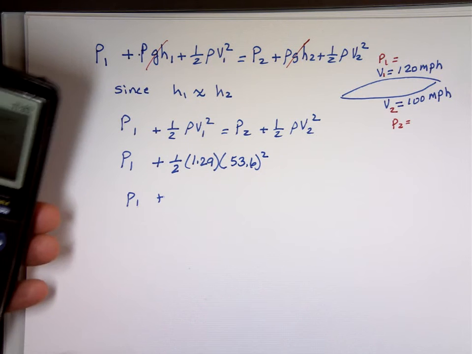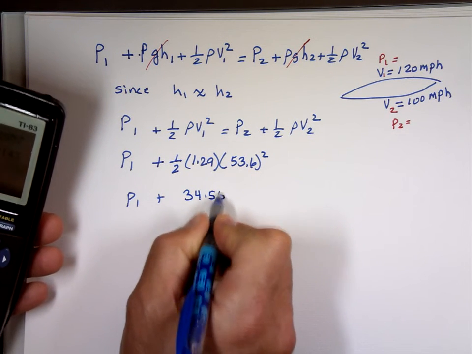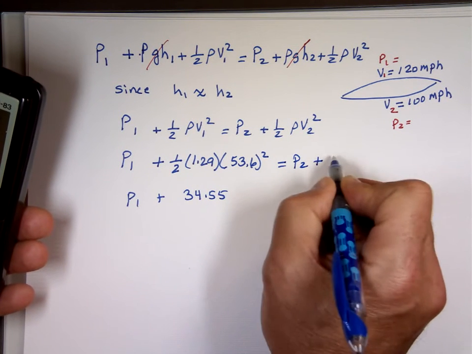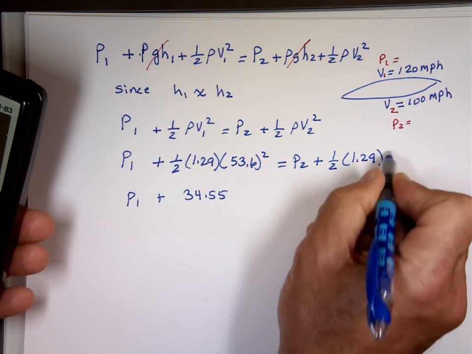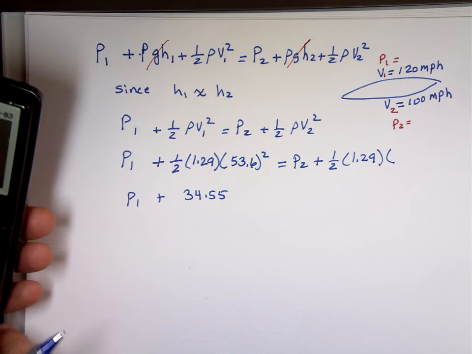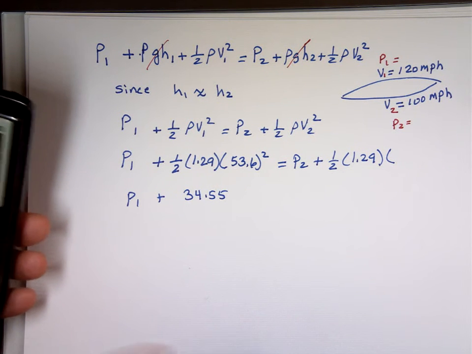This is roughly 34.55 equals pressure 2 plus 1/2 rho, which is 1.29, velocity 2. Let's convert that to meters per second, 100 divided by 2.24, 44.6.